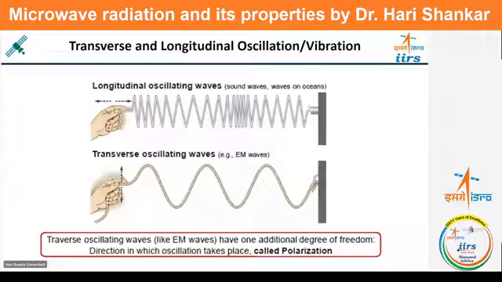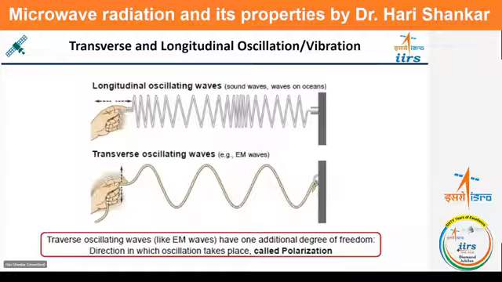So this motion is happening along the direction of the applied force, either towards the wall or away from the wall. The vibrations in this spring are along the direction of the applied force.